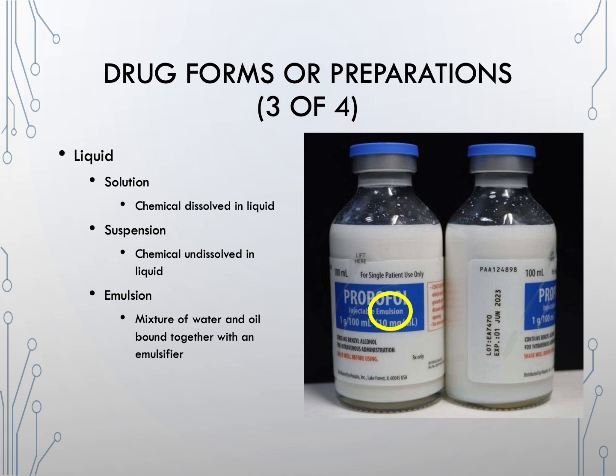Solutions have the solute fully dissolved in the liquid. It completely mixes up. You can't distinguish the solute from the solvent. An example of that would be saline or 0.9% sodium chloride.